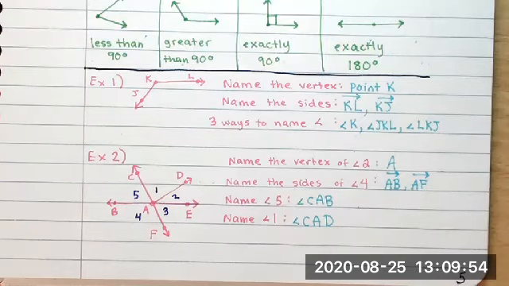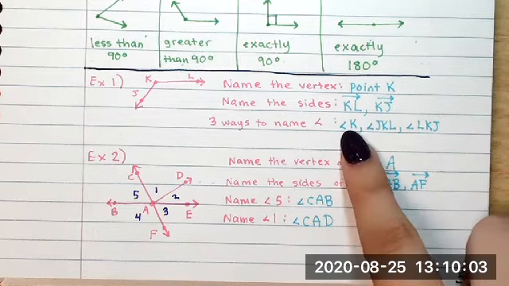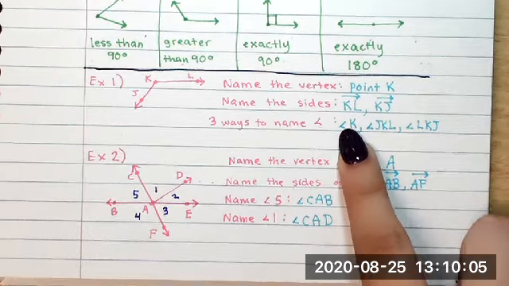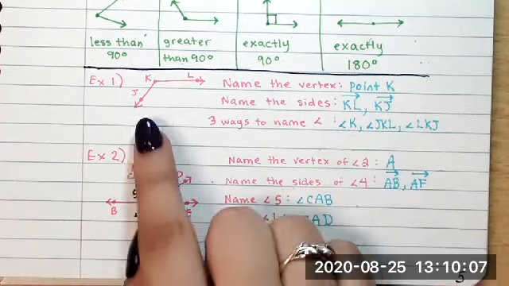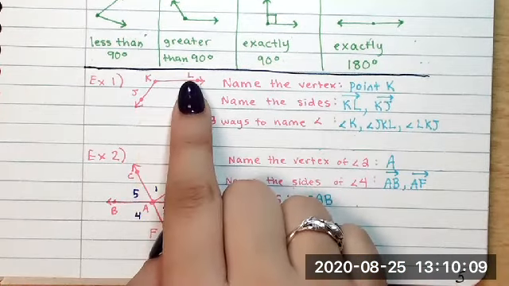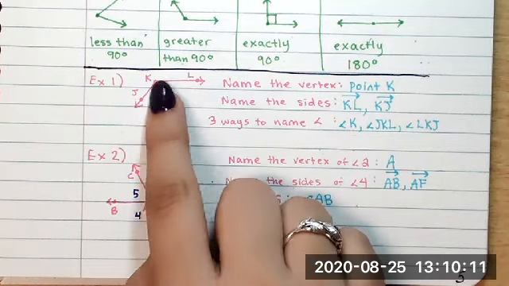And then because this angle is just a single angle all by itself, we can name it 3 different ways. 1, using just the vertex, angle K, and then 2, using 3 letters, either angle JKL or angle LKJ.